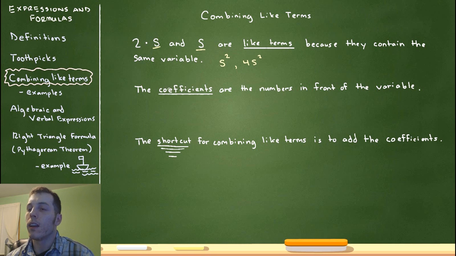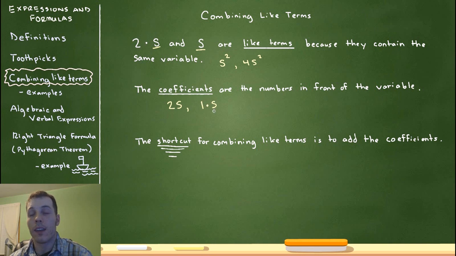So now I have a new definition here. The coefficients are the numbers in front of the variable. Okay, so I'm going to be using the term coefficients quite a bit. So like in this case here, when we have 2s and s, the coefficients, okay, so we have 2s, and essentially what we have is 1s. That's a special property of 1, right?